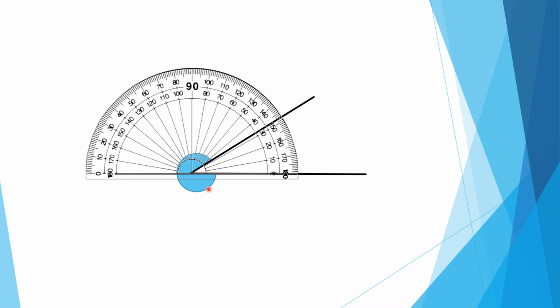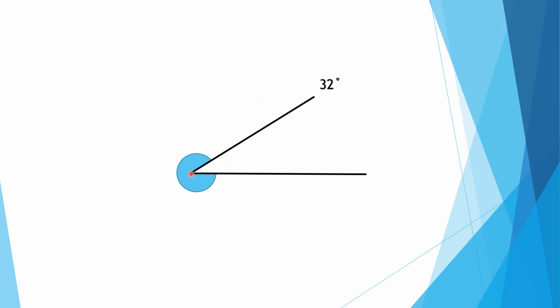So, when we are asked to find the size of a reflex angle, the way of doing it is measuring the acute angle which is formed next to the reflex angle. Here we can find the size of the acute angle formed is 32 degrees. With that, we know the size of 32 degrees out of a whole revolution.